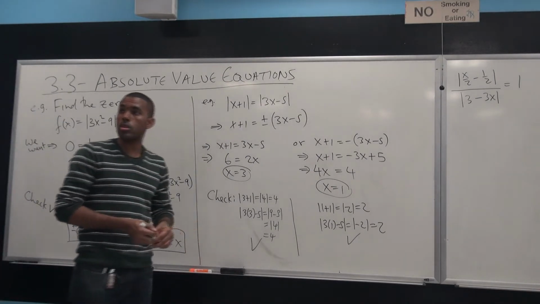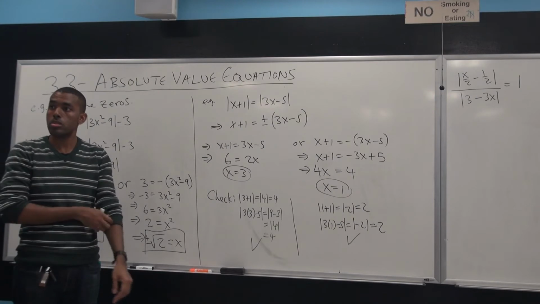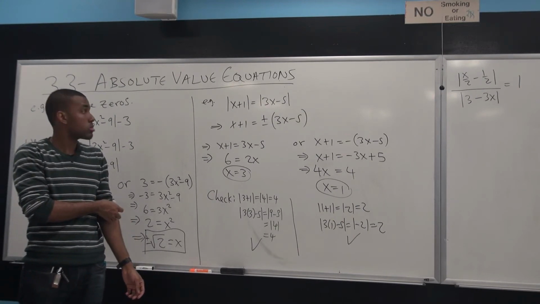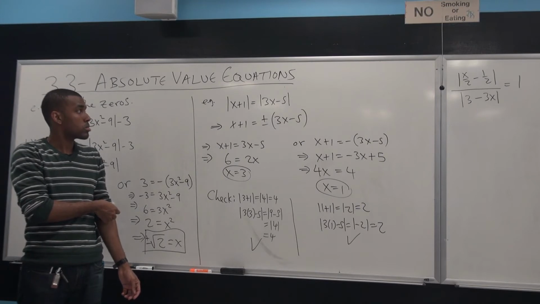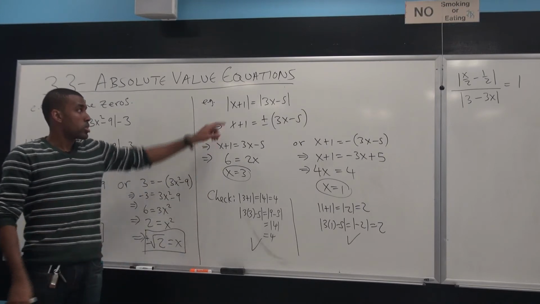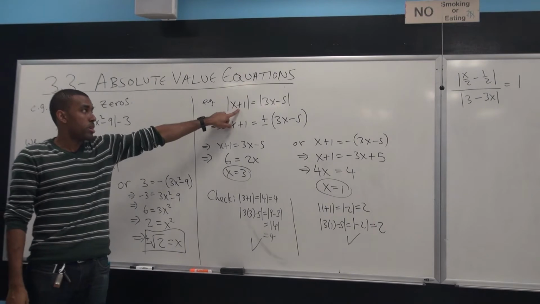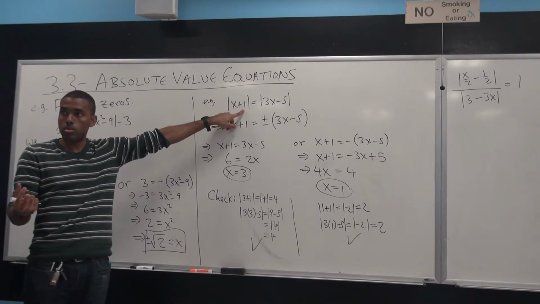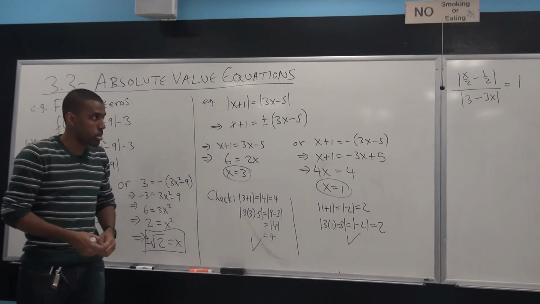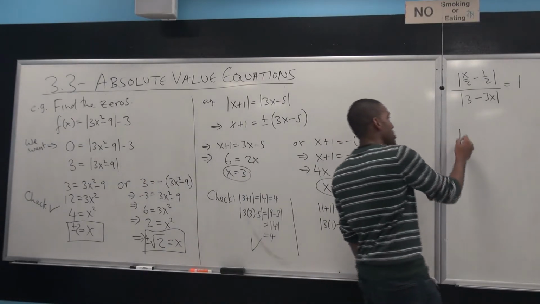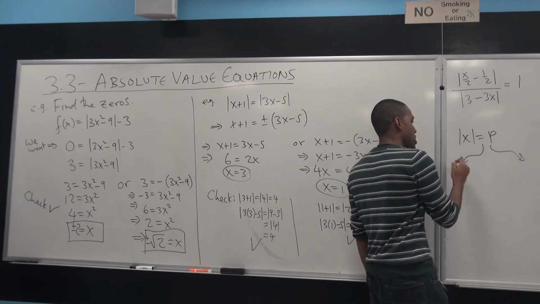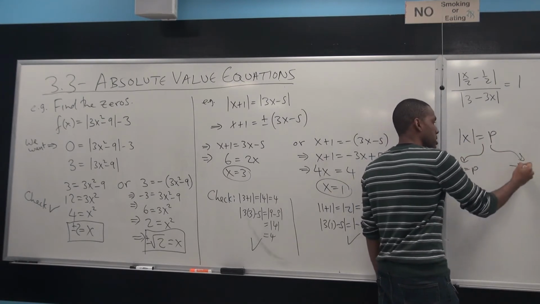Sorry to interrupt you. Can you say again how do you use plus or minus there? I'm not getting there. Right, so remember that if you take absolute value of x plus 1, you could have x plus 1 or minus x plus 1, right? We had that before. We had the rule that says if you have absolute value of x equals p, then either x equals p or minus x equals p.